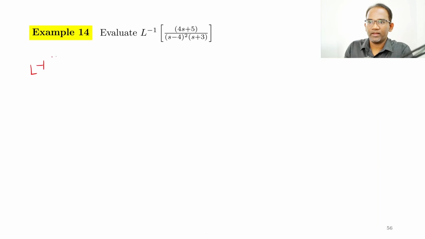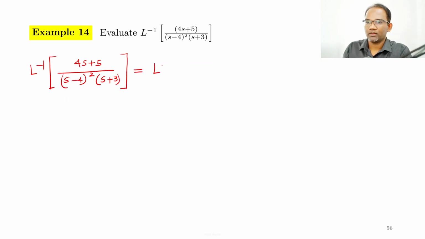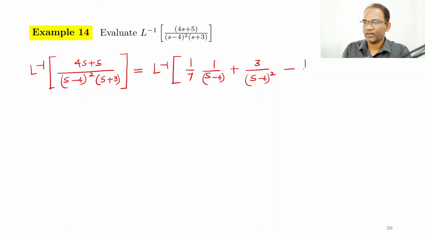Therefore, L inverse of (4s plus 5) over (s minus 4) the whole square times (s plus 3) can be written as L inverse of 1 over 7 times 1 over s minus 4. The second term is 3 over (s minus 4) the whole square, minus 1 over 7 times 1 by s plus 3.